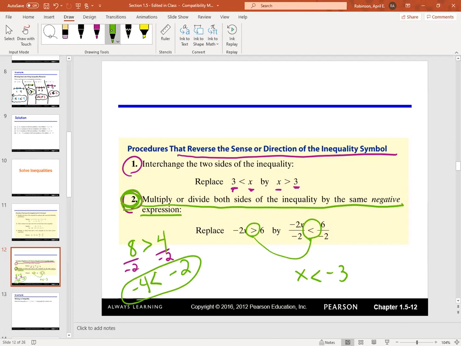And most of the time when you're solving an equation, that last step is to divide off a negative coefficient. Sometimes you have a negative fraction and you multiply by the reciprocal. So that's why they include multiplication, multiply or divide by a negative.